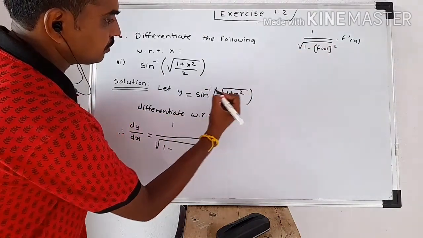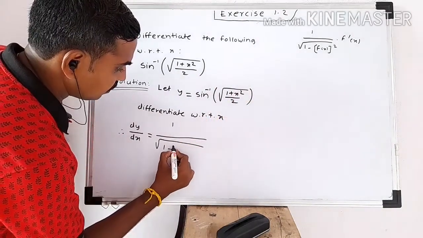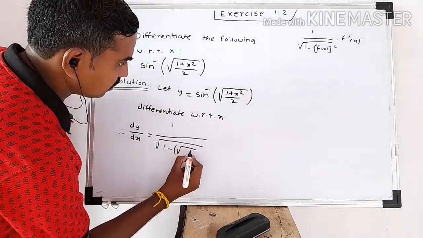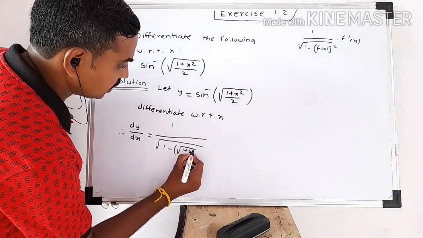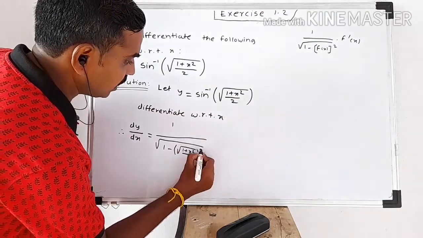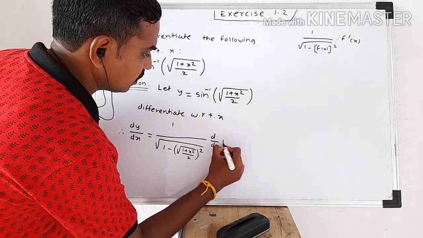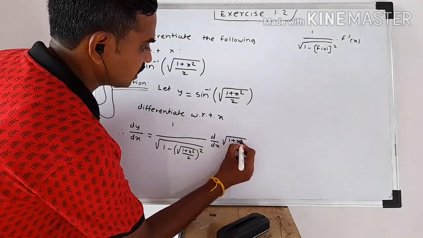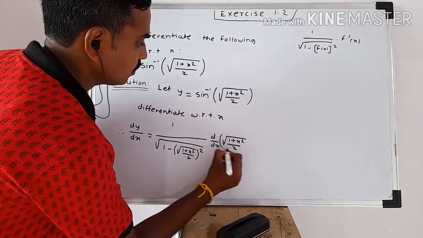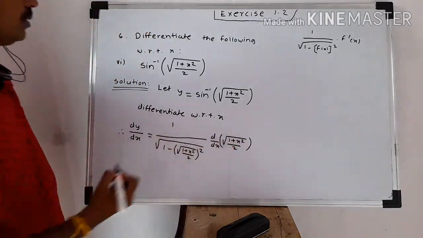F of x is the expression in the root. Therefore here we get root 1 plus x square divided by 2 bracket square into d by dx of the root of 1 plus x square divided by 2. Again the derivative of f of x.